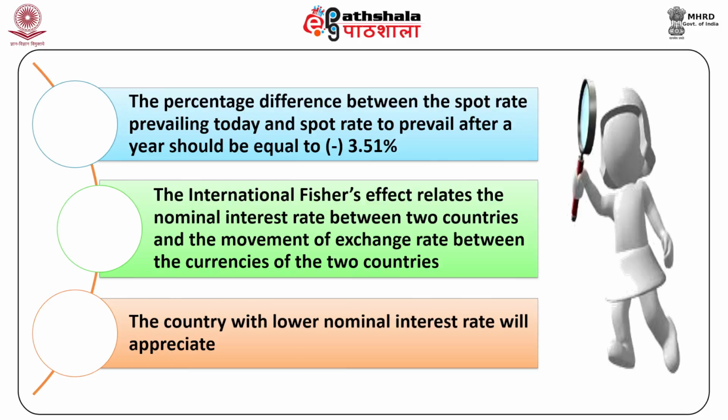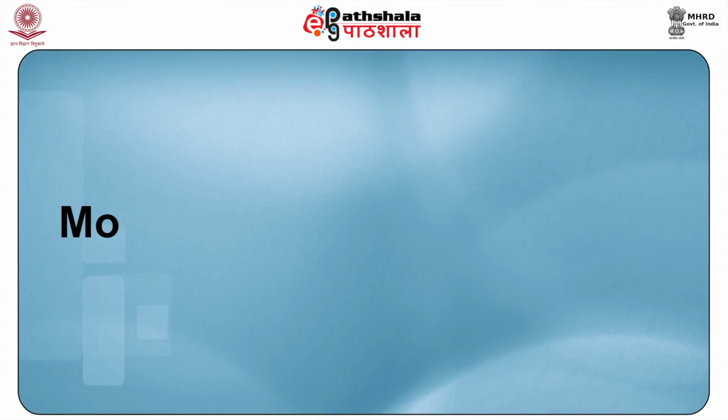Hence, the percentage difference between the spot rate prevailing today and the spot rate to prevail after a year should be equal to minus 3.51%. In a nutshell, the international Fisher effect relates the nominal interest rate between two countries and the movement of exchange rate between the currencies of the two countries. It indicates that the country with lower nominal interest rate will appreciate.